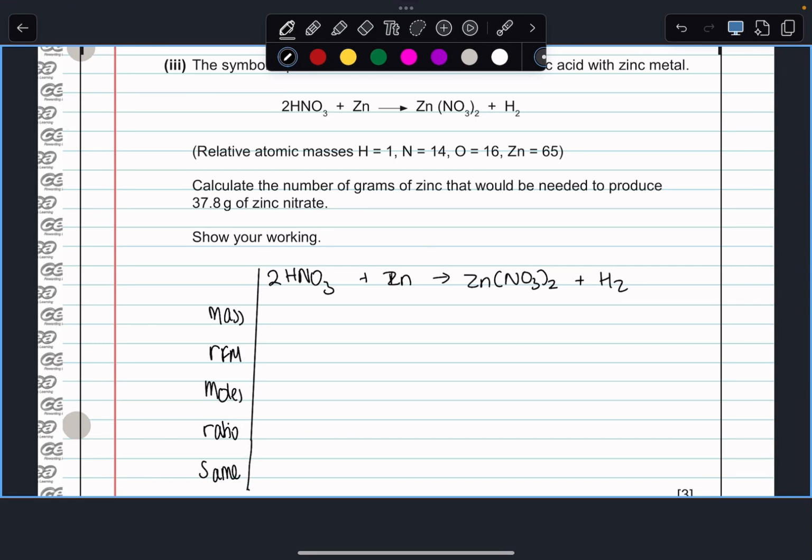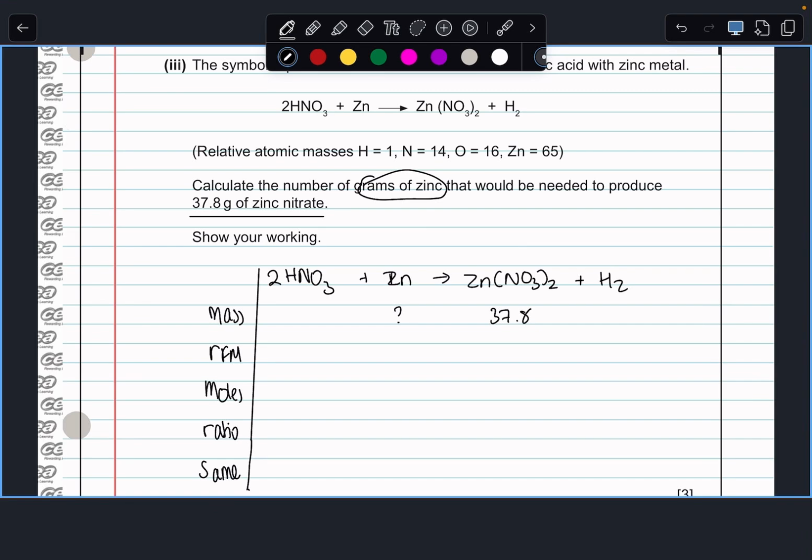So we know that there is 37.8 grams of zinc nitrate. So there's your Zn(NO3)2, and we're trying to work out how much zinc we have. So the Zn gets a question mark for the mass. Fill in what you know. So you know that there's 37.8 grams of zinc nitrate, so put 37.8 here.